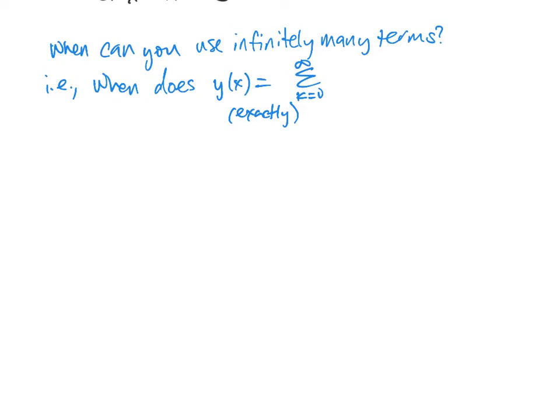So now I'm going to start using my summation notation, which looks like y to the k at x naught over k factorial times x minus x naught to the k. And that question, when can you represent a function by its power series, is going to be answered in this section.